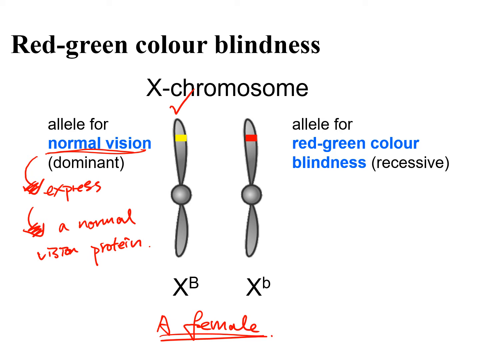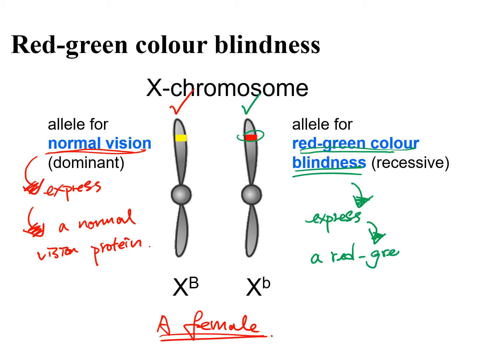And then the X chromosome on the right-hand side also has an allele, but this allele is for red-green color blindness. When it is expressed, it is going to produce a red-green color blindness protein.